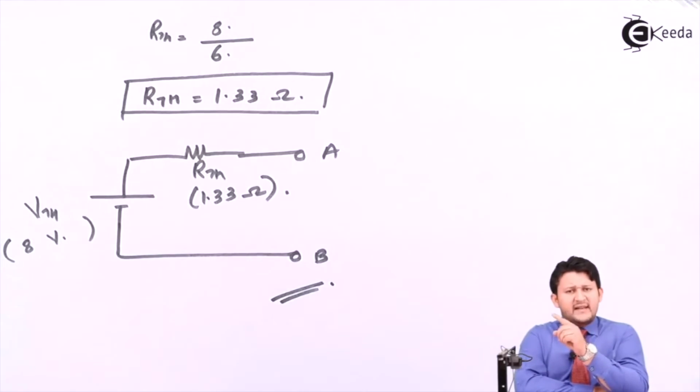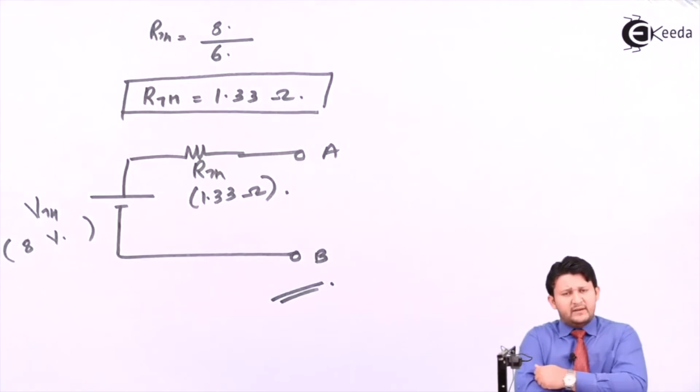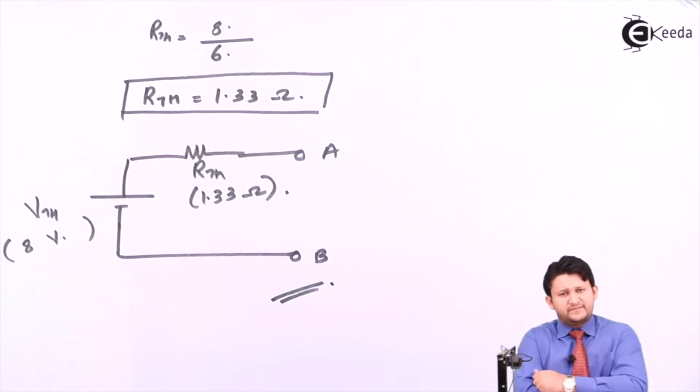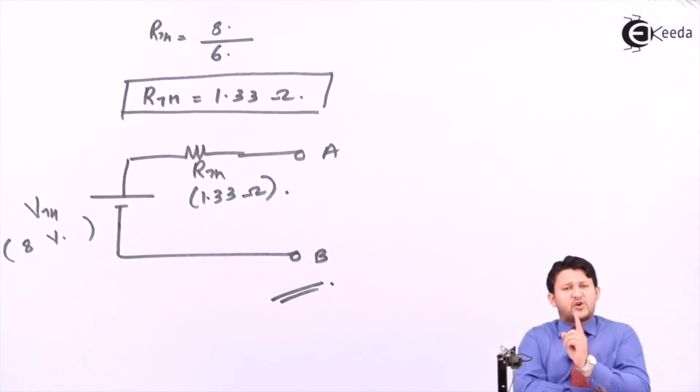Next, select any path, then among the paths, select the shortest path. Next, make sure the path which you select does not have any current source, because you need to apply KVL. After selecting the shortest path which has no current source, put sign convention.